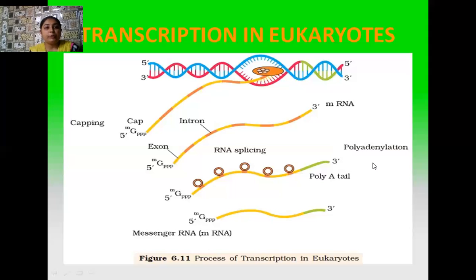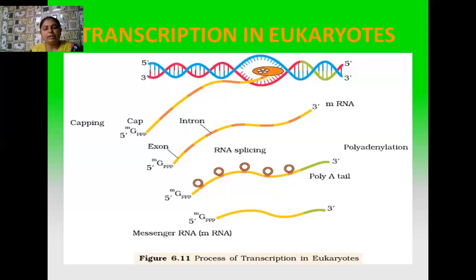So the heterogeneous RNA, or the precursor messenger RNA, undergoes 3 steps during processing. Number 1, splicing, that is removal of the non-coding sequences and joining of the coding sequences, meaning removal of the introns and joining of the exons. Second is capping, that is addition of methyl guanosine triphosphate, and third is tailing, that is addition of 200 to 300 adenylate residues.